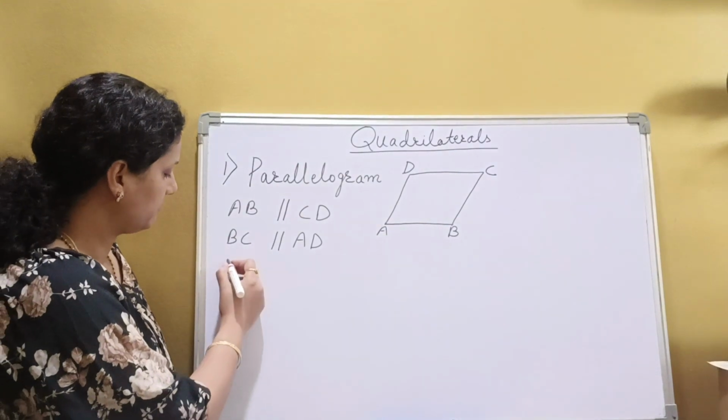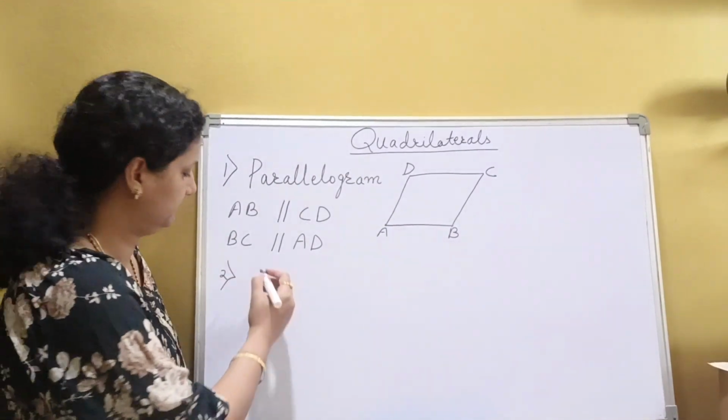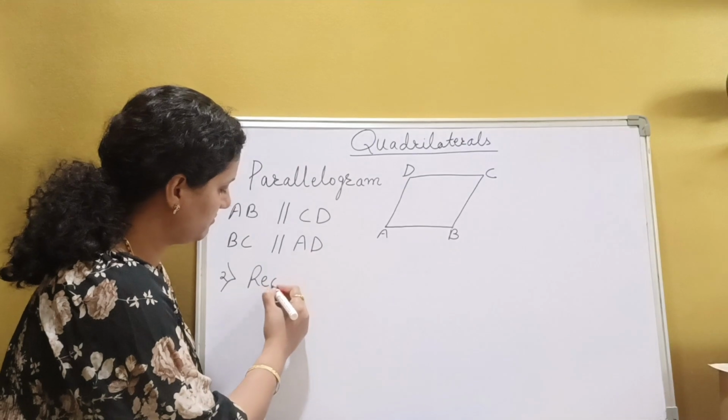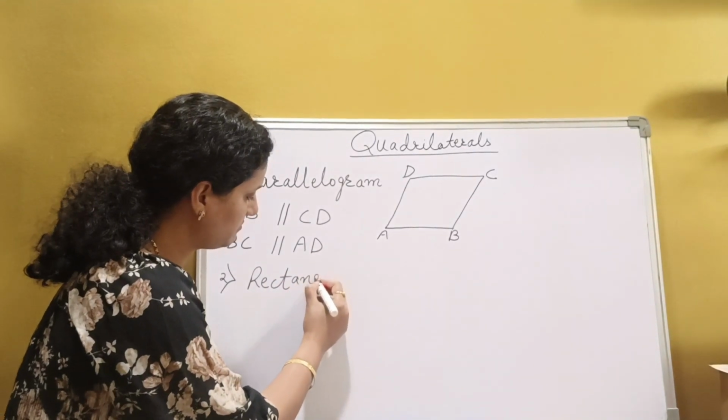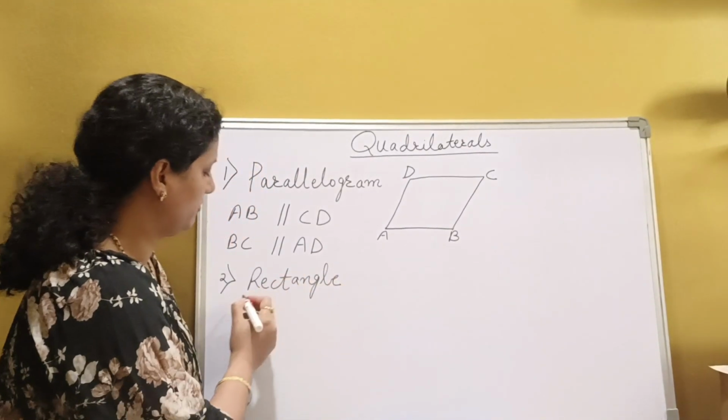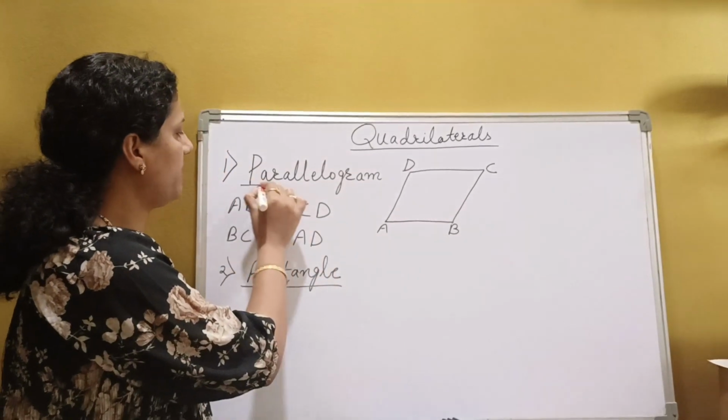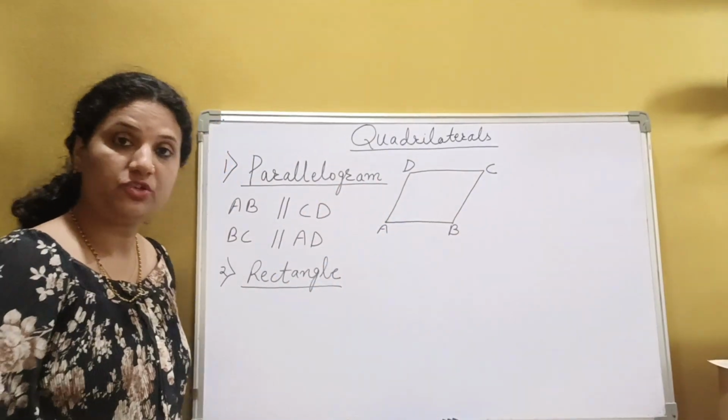Now second is rectangle. This was the parallelogram. Now what is the property of rectangle?